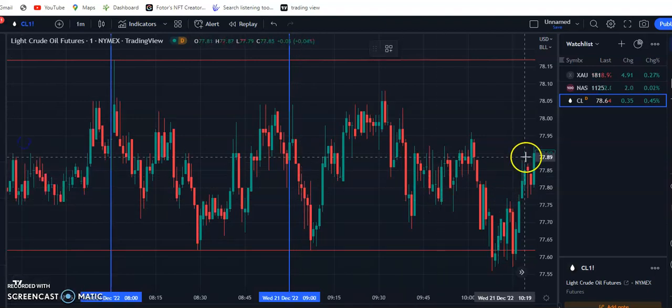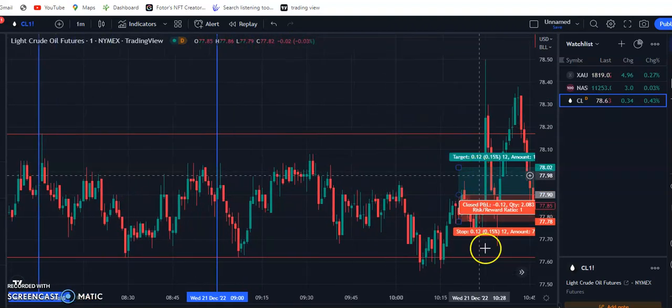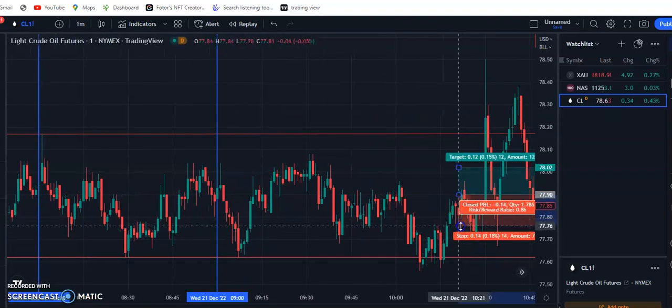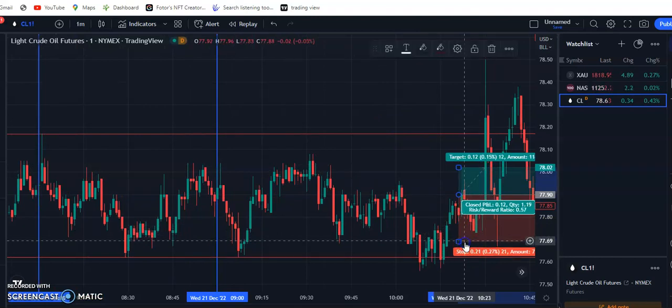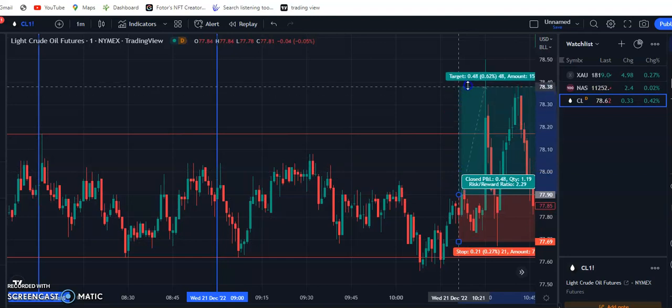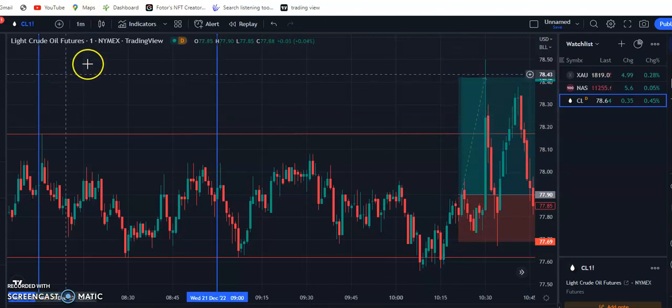So an entry at the engulfment, around 25 pips for a 50 pip move. So this was the trade.